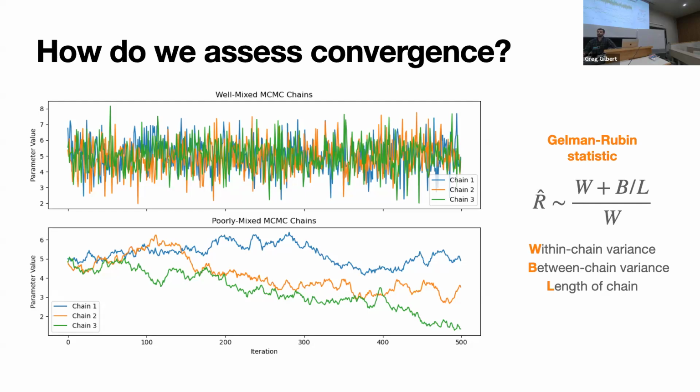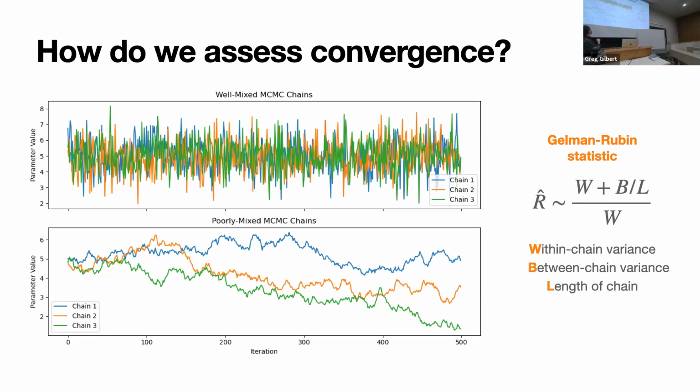Conceptually, all we're doing is computing the variance within a chain and then comparing it to the variance between the chains. So really, we're just looking for fuzzy caterpillars, like you see on the top. It's what we call well-mixed chains. It's just randomly walking around. It's reached some stable stationary state.